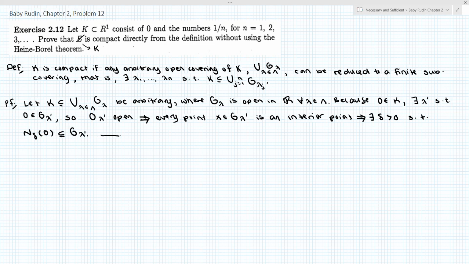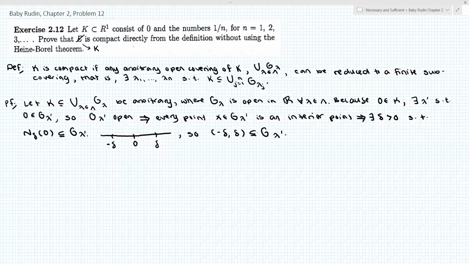Now let's draw a number line. So here's 0. If I draw a delta neighborhood around 0, I go delta units to the left, so here would be negative delta. I go delta units to the right, here would be positive delta. But notice that this is just the open interval negative delta to delta. So negative delta to delta is a subset of O lambda prime.